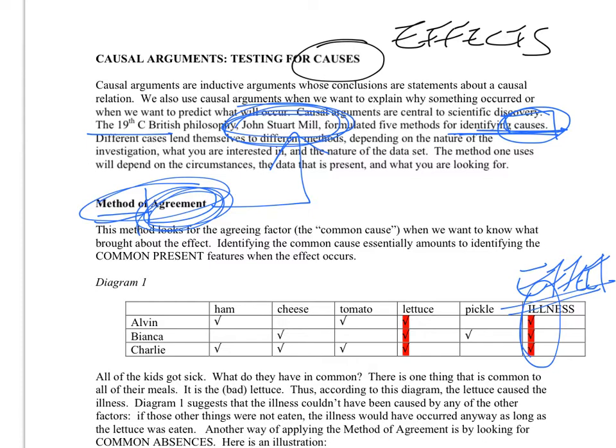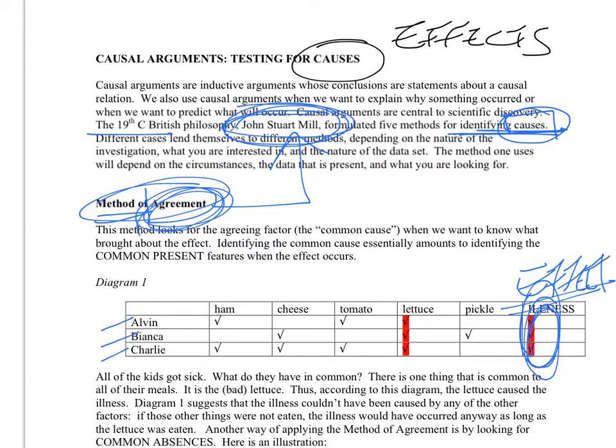And in this case, we have three individuals, Alvin, Bianca, and Charlie, who all unfortunately get sick. That's the effect. And we want to figure out what caused that effect, what caused their illness. And on this chart, we have the things that they ate.